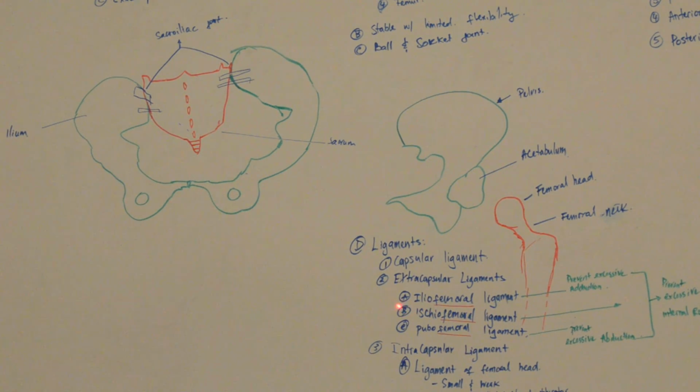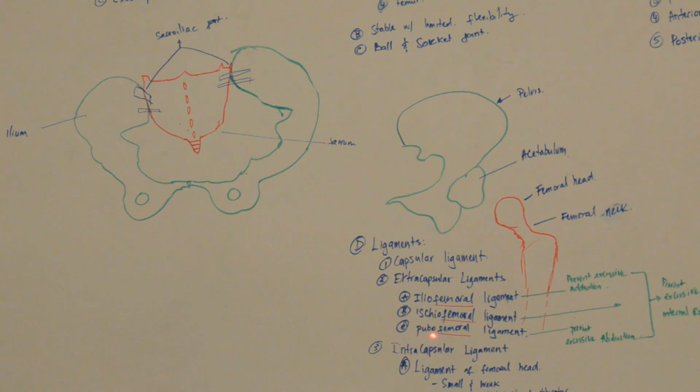The first one is the iliofemoral ligament. That ligament originates from the ilium, and it attaches to the femur. The next one is the ischiofemoral ligament. That ligament originates from the ischium and attaches to the femur.